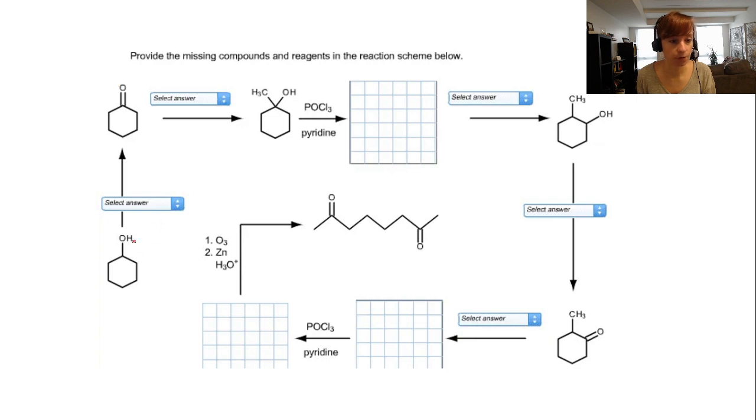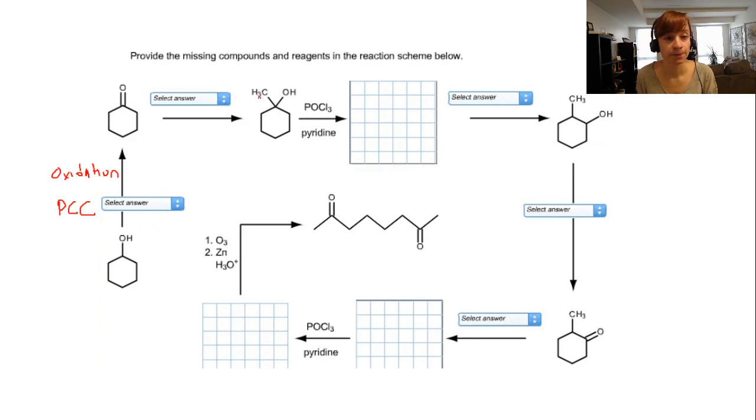So to go from a hydroxy group to a ketone, this is known as an oxidation reaction. So I'll write that up here. So the most common reagent to do this transformation is PCC, which is probably included in the drop-down menu.